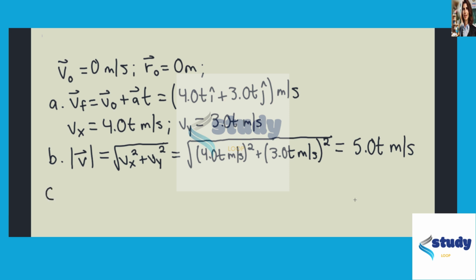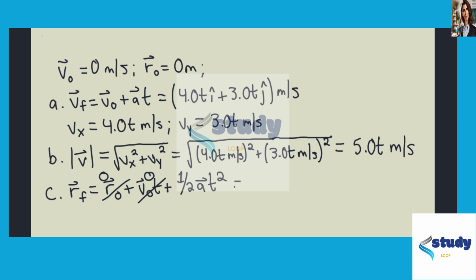And then for C, when we want to find the final displacement, this would be equal to the initial displacement, which we know to be 0, plus v initial t plus 1/2 times the acceleration vector times t squared. This term becomes 0 because the initial velocity is 0 meters per second. This term becomes 0 because the initial displacement is 0 meters.